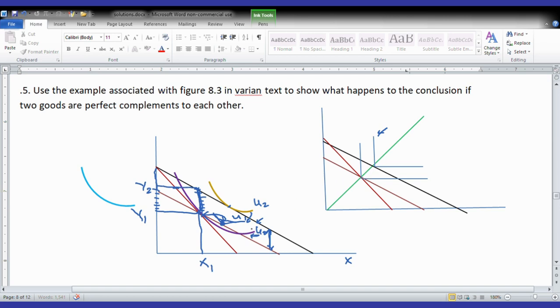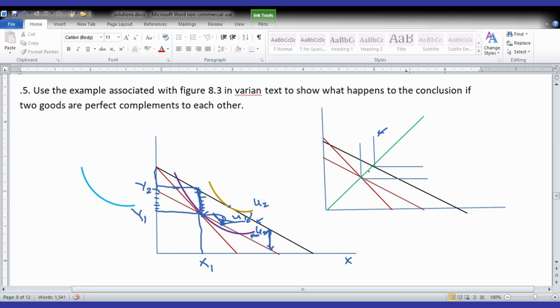And remember that this additional loss in utility that we are seeing here, u1 minus u0, is known as the excess burden of the excise tax or excess burden of the indirect tax. So whenever substitution is there, any tax policy will be imposing an excess burden or social welfare loss, which does not exist if the two goods had been perfect complements or the preferences had been of the Leontief type.